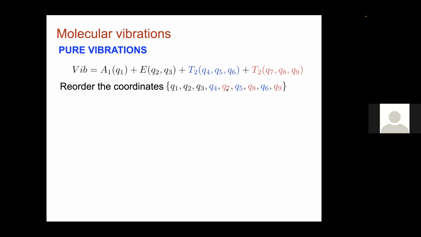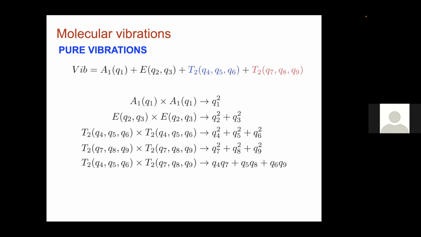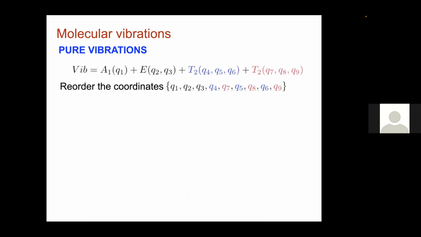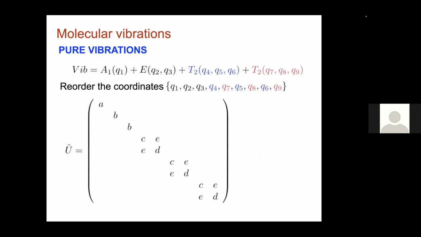And now, if you look at this quadratic form, you will see that with this new organization of the coordinates, this has a much, much nicer form. It's exactly the same quadratic form, but with this new ordering, which is very precise, it's just when you have a repeated representation, always choose first the first two vectors, then the second, etc. And this has a very nice block diagonal form.